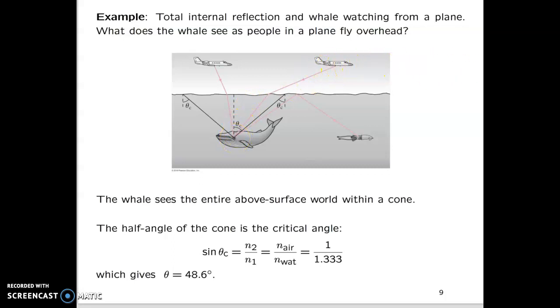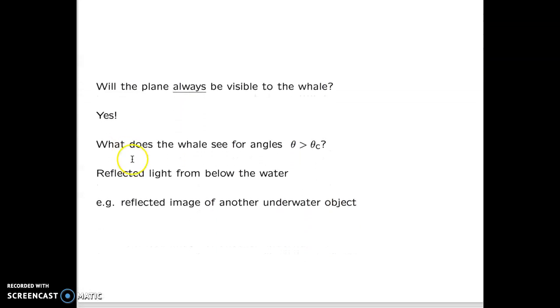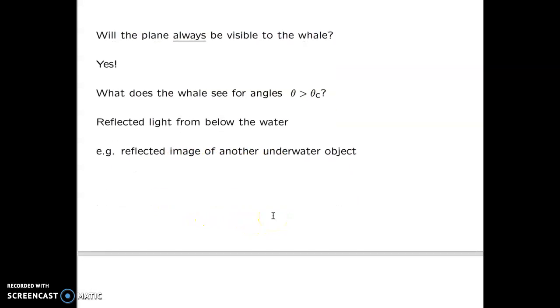So the plane, no matter how far it is to the right or to the left, will always be visible. And as we said, what does the whale see for angles greater than the critical angle? Just reflected light from below the water, such as the reflected image of another underwater object.